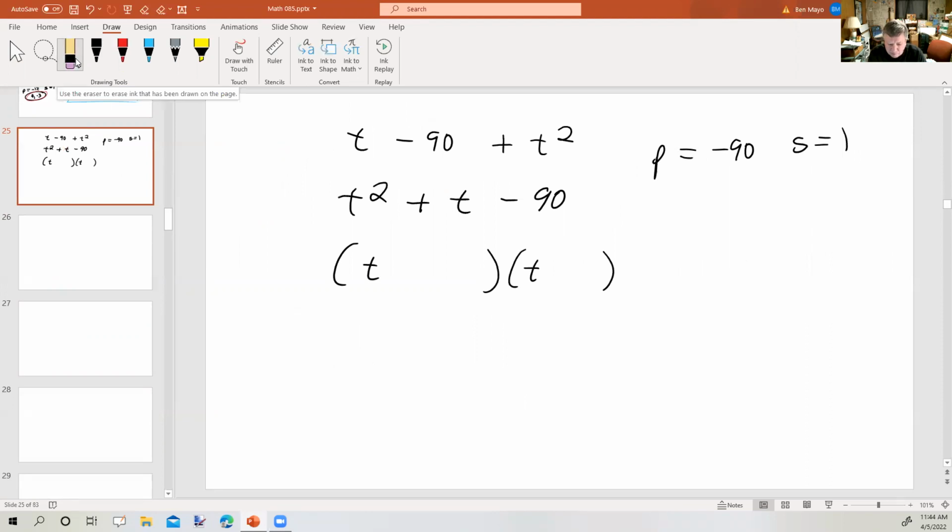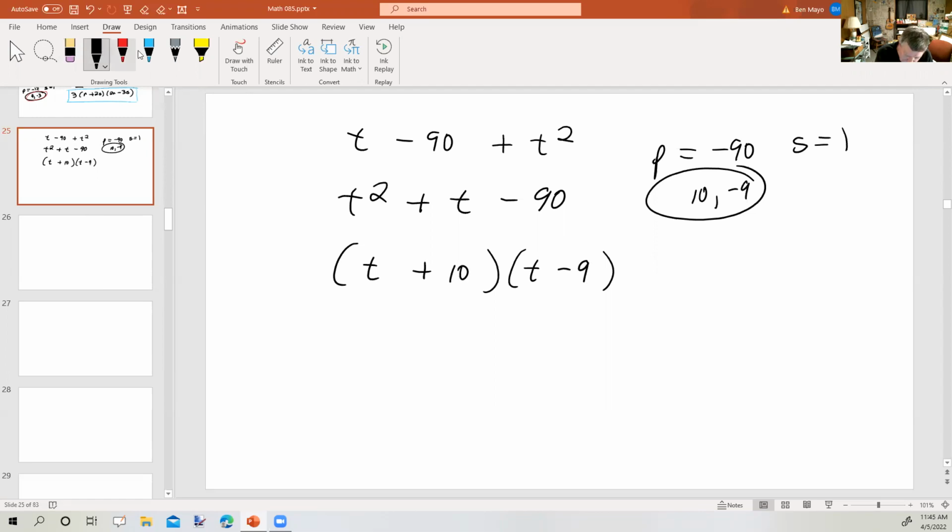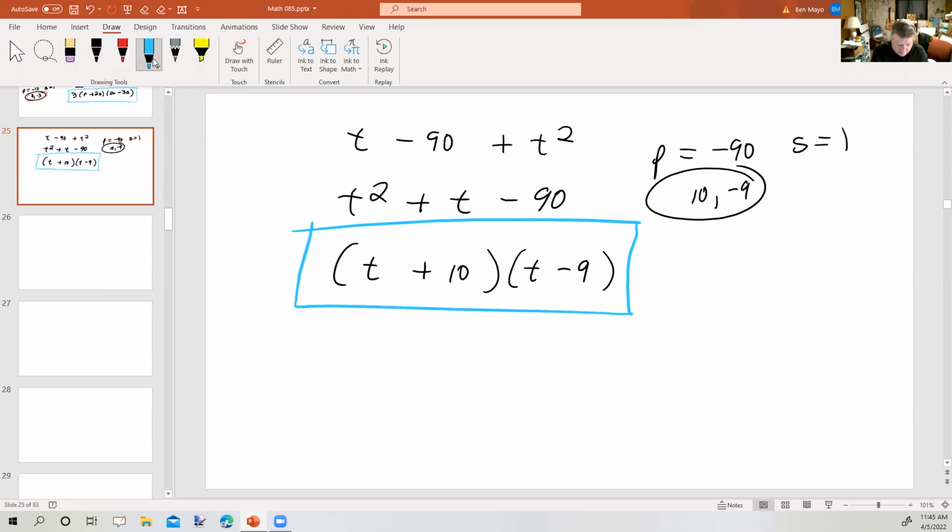It marks it wrong. It shouldn't, but it does. So don't put a 1 in front of the t. All right. Now, how about 10 and -9? That's a product of -90 and a sum of 1. So plus 10 and minus 9. Any questions about that problem?